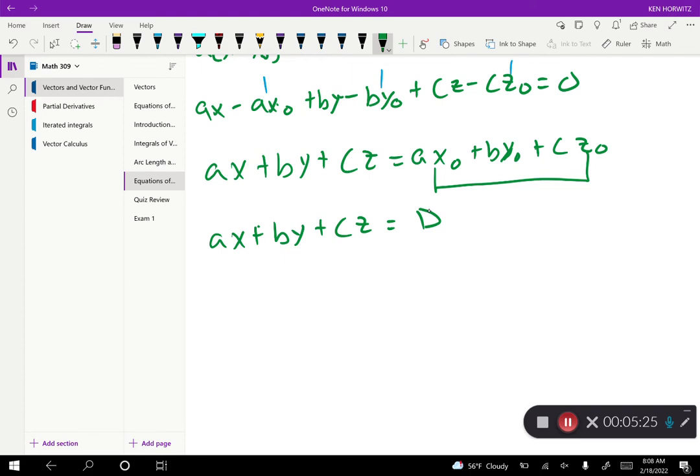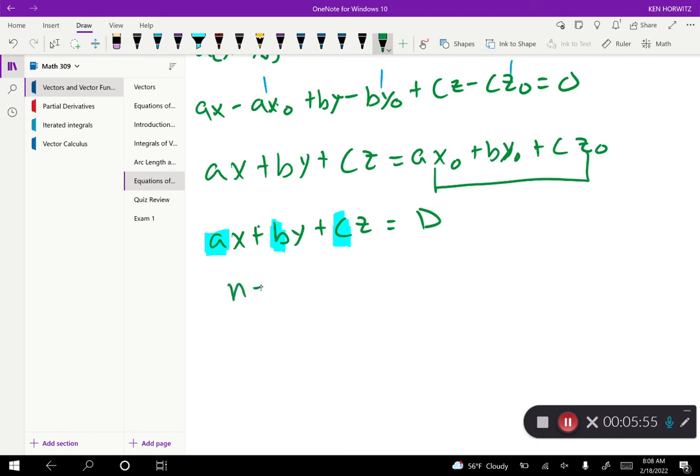All right, so a couple things that I want you to know. At this point, this is what you need to know. I'm going to give you a couple of problems where I'm just going to vary the information given. But something I'd like to point out, notice the coefficients on X, Y, and Z. If you remember, that was our normal vector.